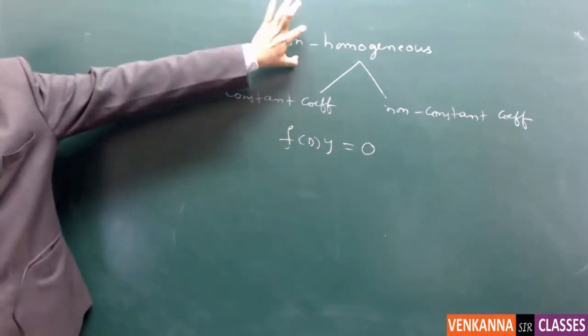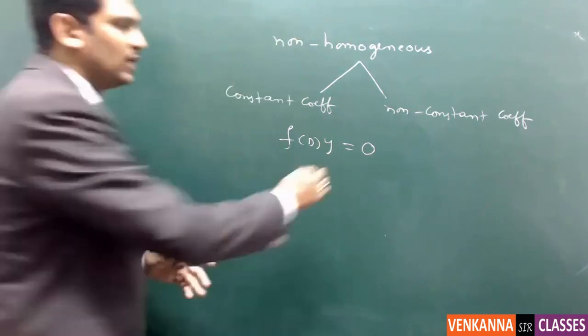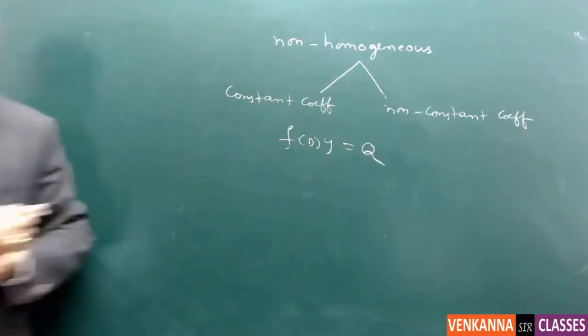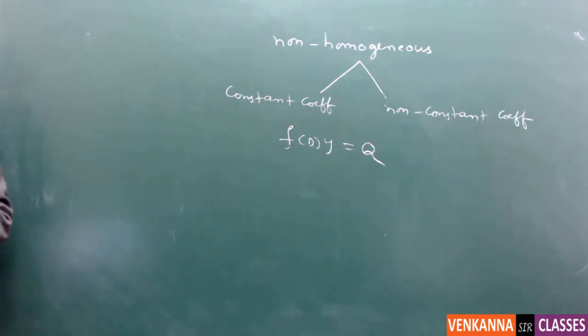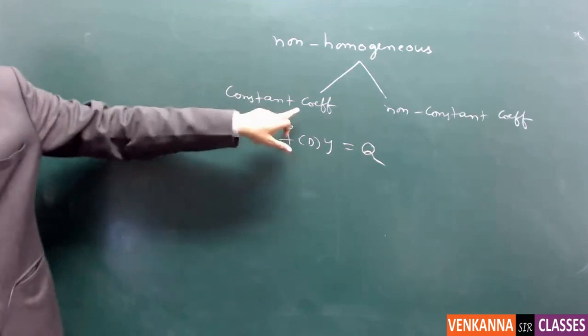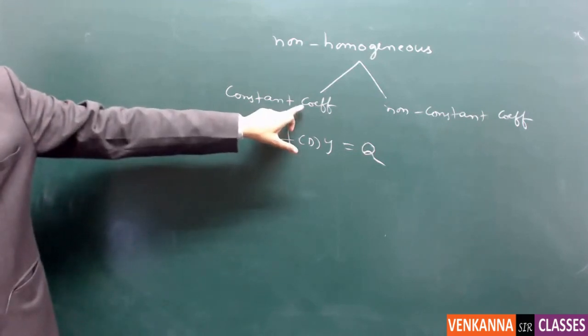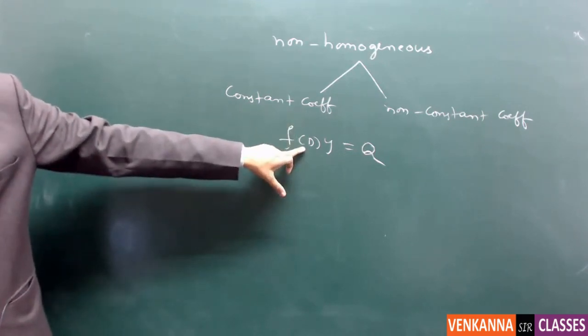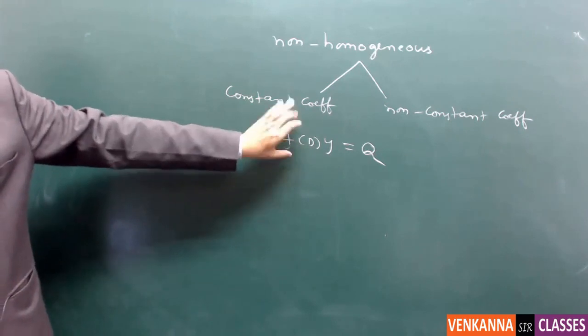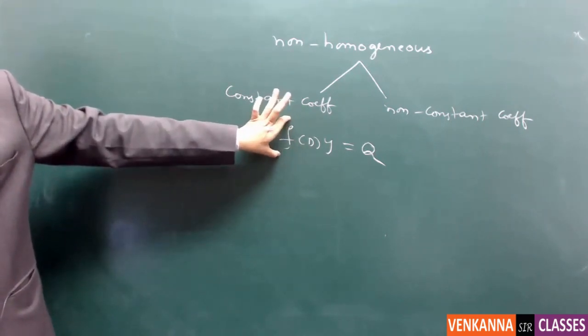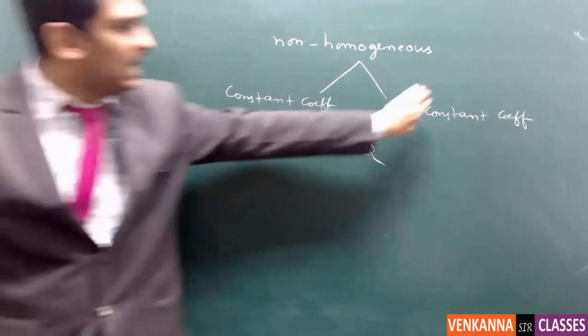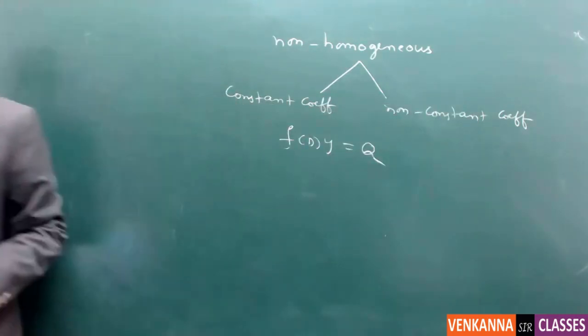In non-homogeneous also, you will have a function on the right side, usually denoted with the symbol q. So we are going to deal with constant coefficients for non-homogeneous, because it has some standard procedures and formulae to solve. Later we discuss non-constant coefficients.